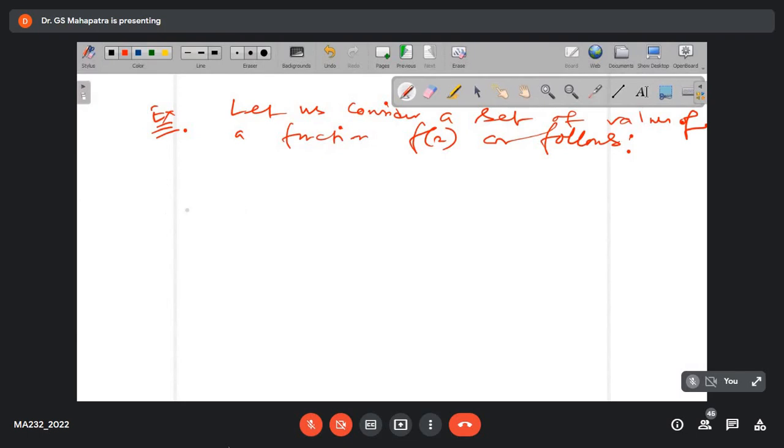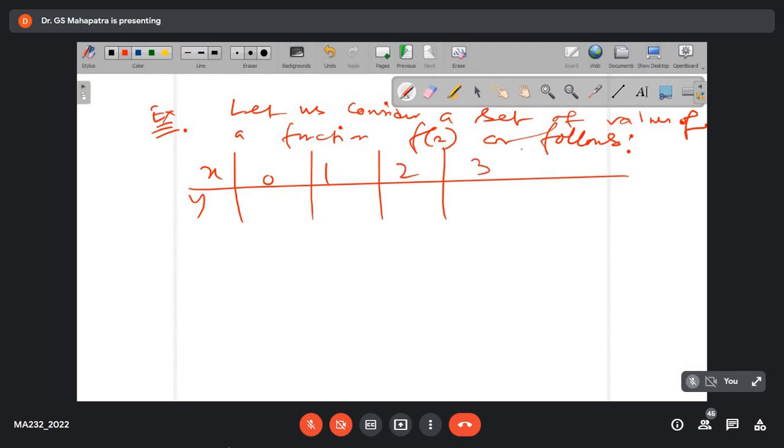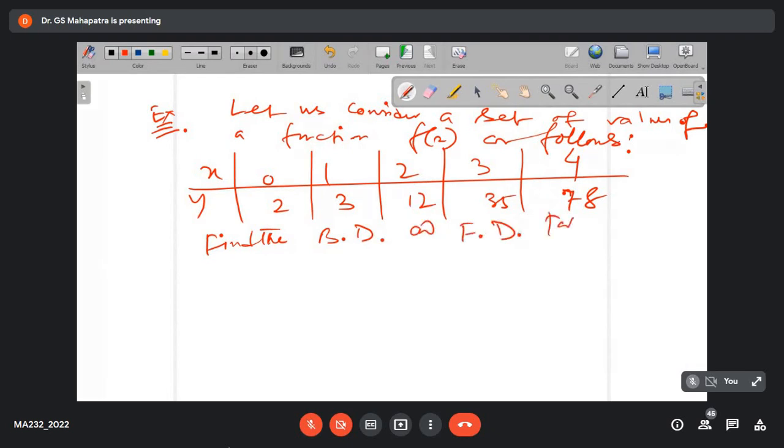The values are x: 0, 1, 2, 3, 4, and f of x: 2, 3, 12, 35, 78. Find the backward difference table and forward difference table. All should be diagonal tables.